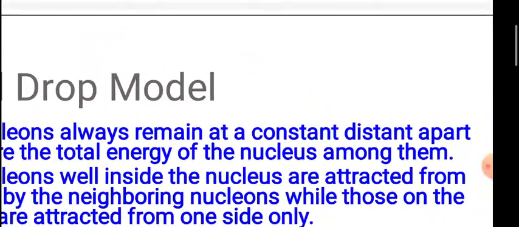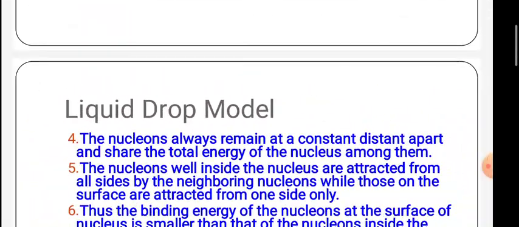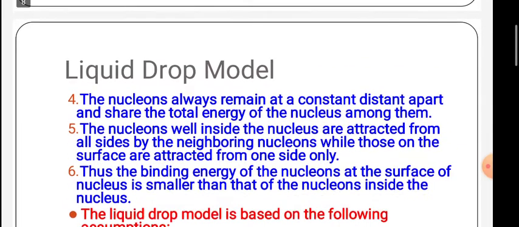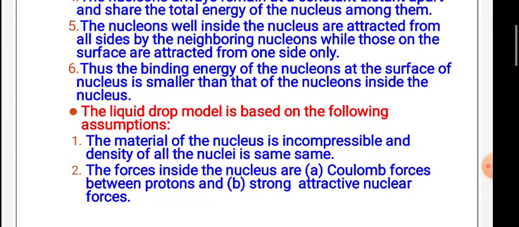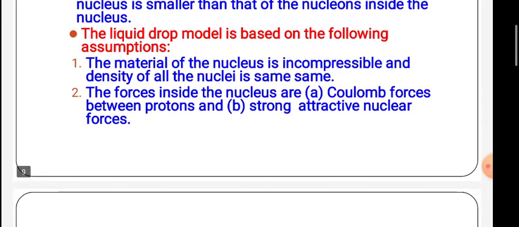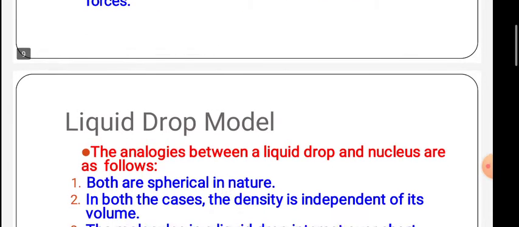Liquids exhibit the phenomenon of evaporation, which can be compared with the radioactive property of the nucleus. Upon oscillation, the liquid drop breaks into components. Similarly, nuclides will also undergo the process of nuclear fission. The energy necessary to evaporate a drop is proportional to the mass number. Similarly, the binding energy of the nucleus is proportional to A. So, these are the similarities between the liquid drop and the nucleus, as proposed in the liquid drop model.